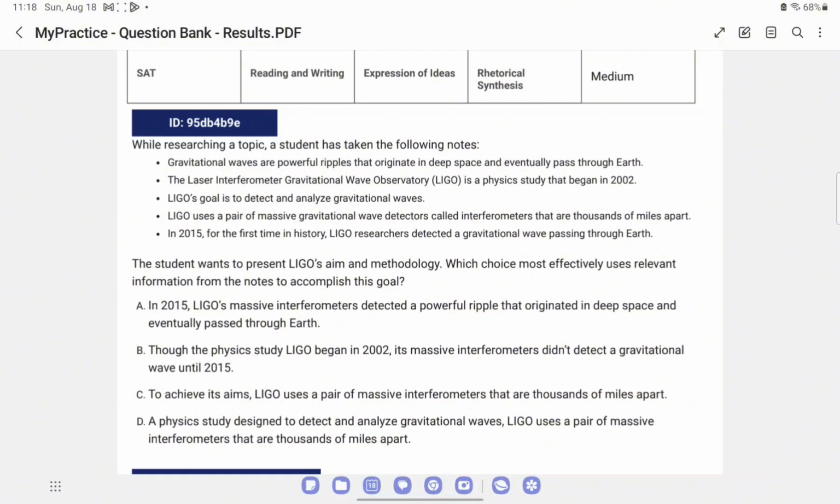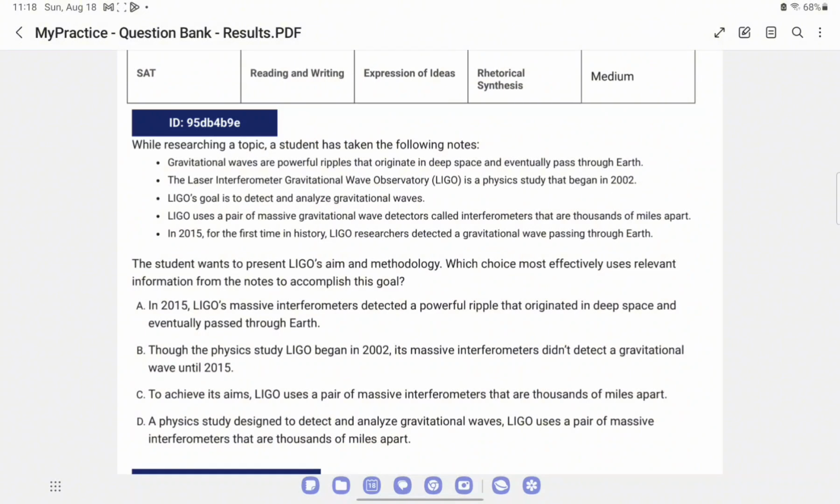I don't know the aim. I still don't know what it was trying to do. Okay, C, to achieve its aims, LIGO uses a pair of massive interferometers that are thousands of miles apart. Okay, but what is the aim? Because the student is trying to present their aim, right? I still don't know the aim.